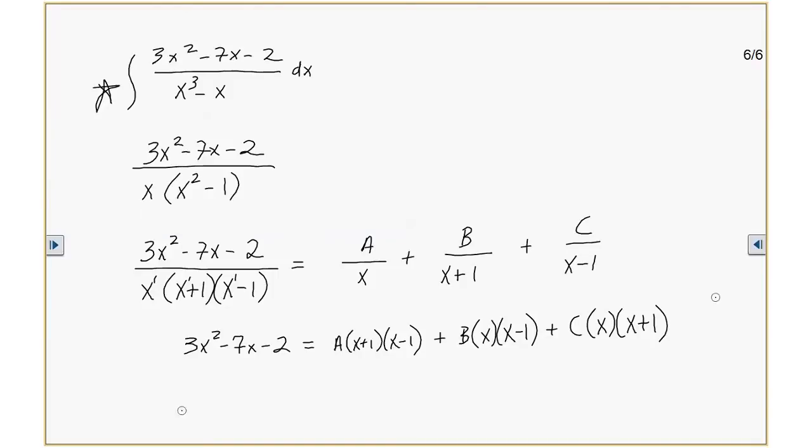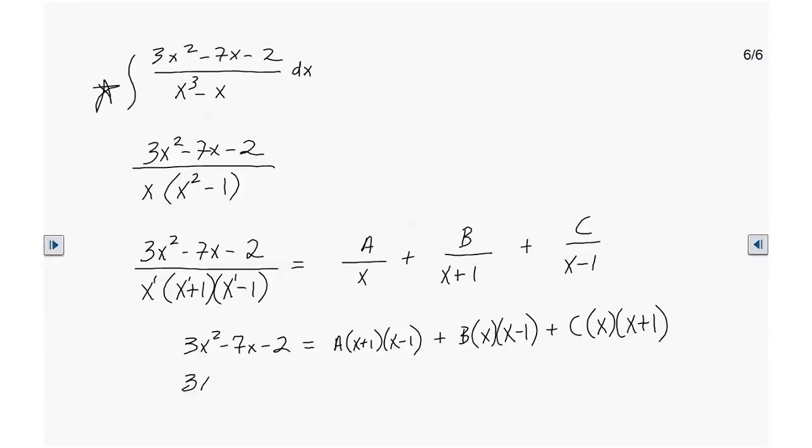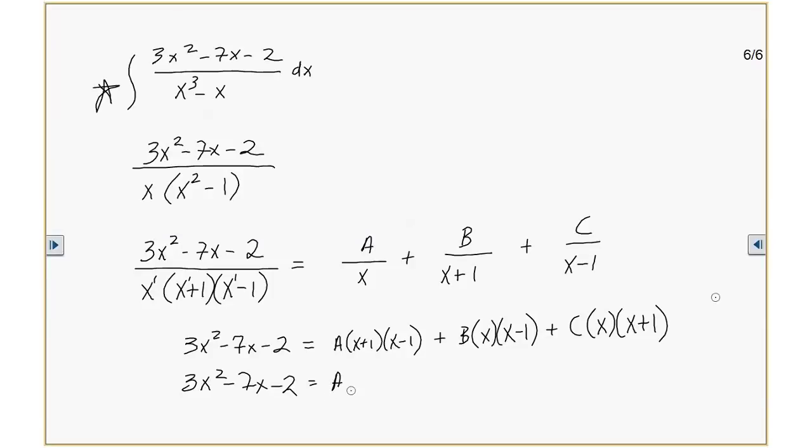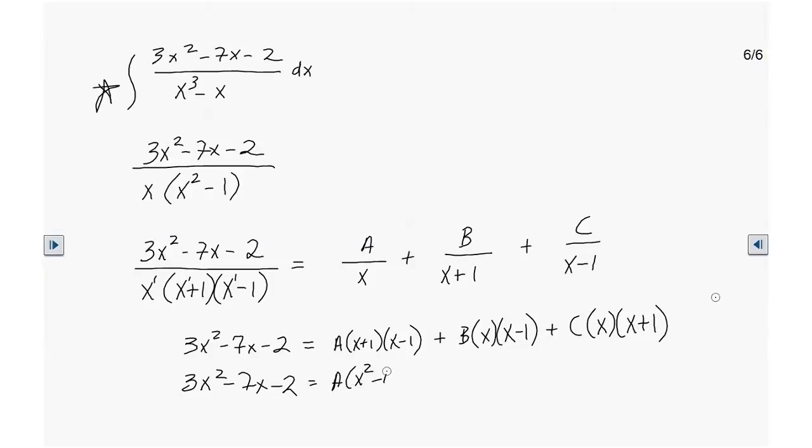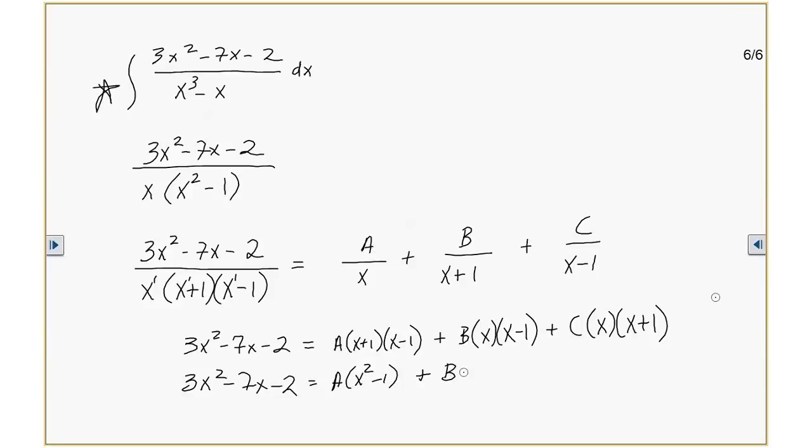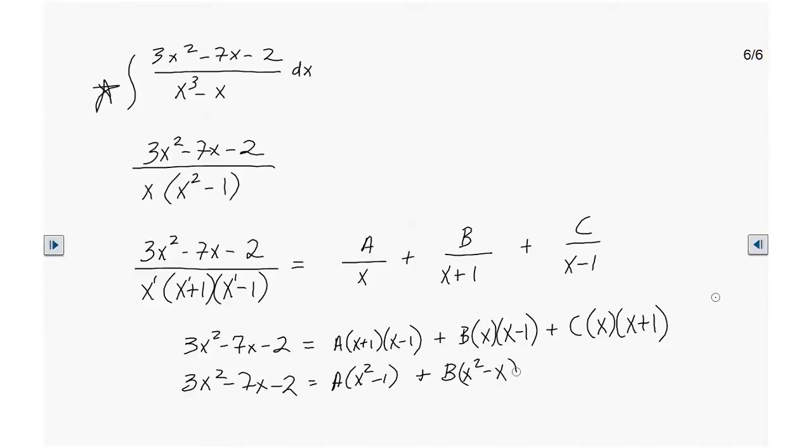All right, so 3x squared minus 7x minus 2 is equal to a times x squared minus 1, plus bx times x plus 1, plus cx times x minus 1.